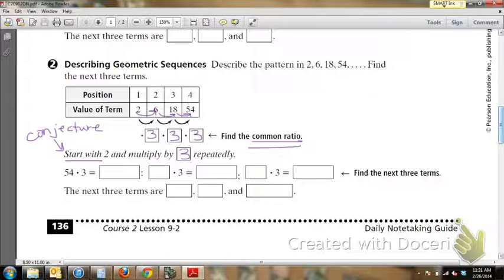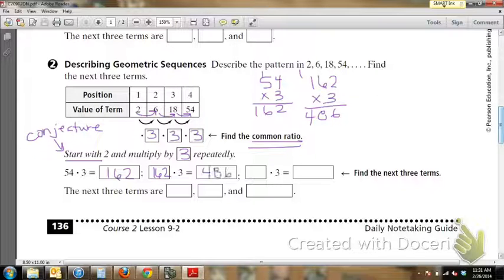So I was already at 54, so the next one would be 54 times 3, which is 162. Now I have to do 162 times 3, which is 486. Then I have to do 486 times 3, which is 1458.